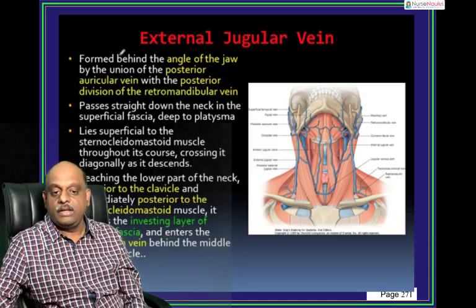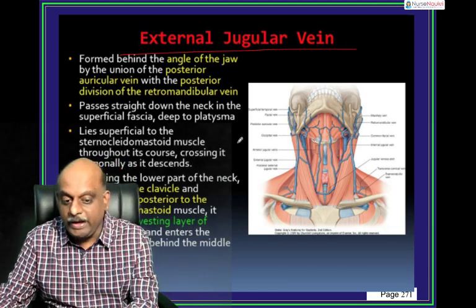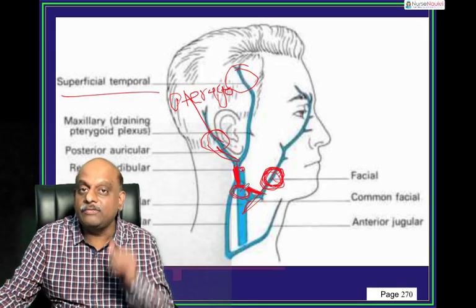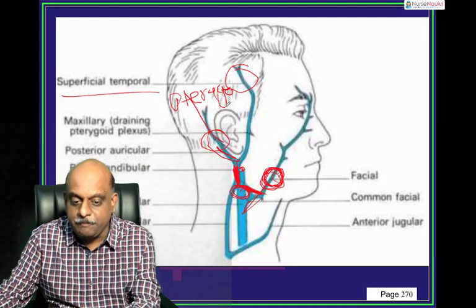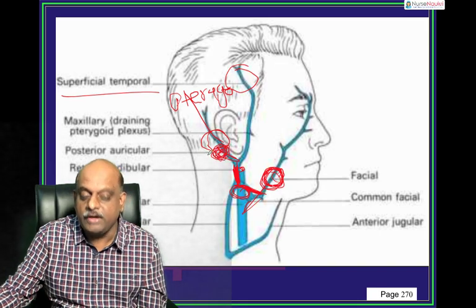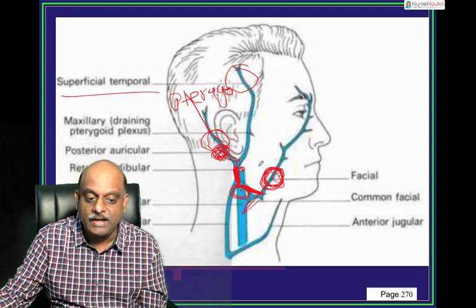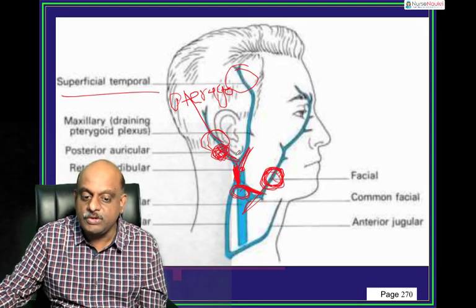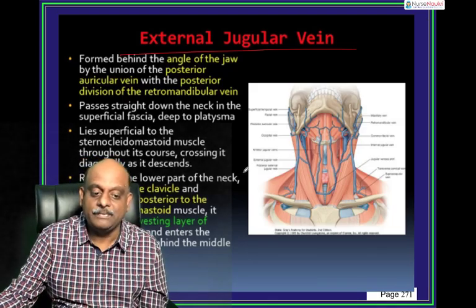So let's talk about the external jugular vein. How is it formed? External jugular is typically formed behind the angle of the mandible. There is a landmark. It is the posterior auricular vein, and the posterior division of the retromandibular vein. ये दोनों merge होके आपका external jugular बनेगा.